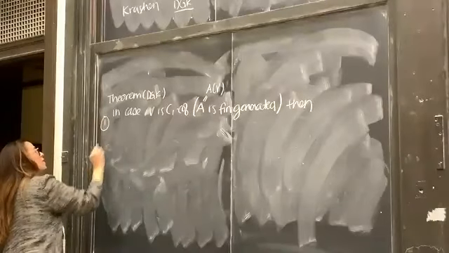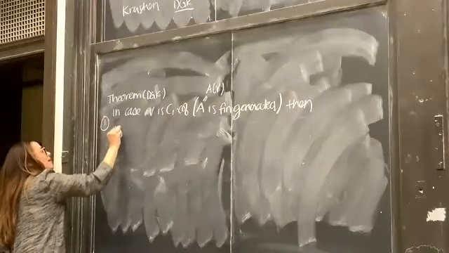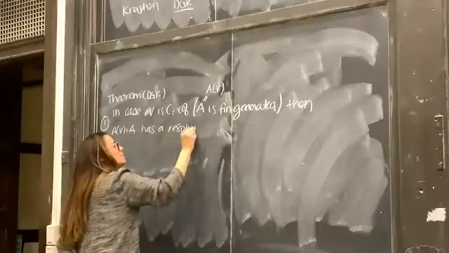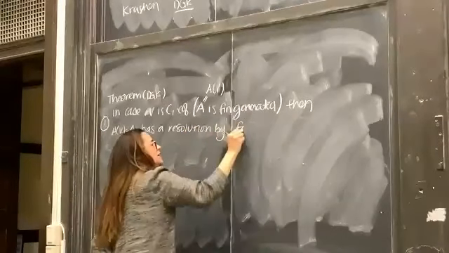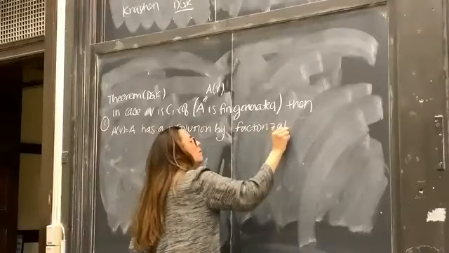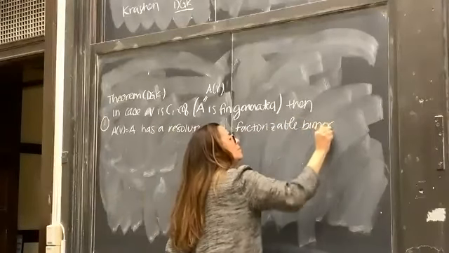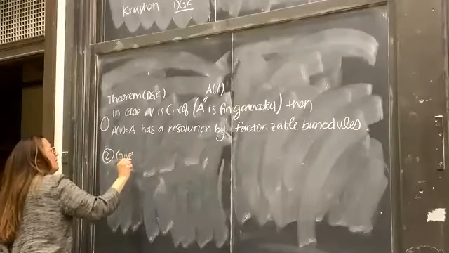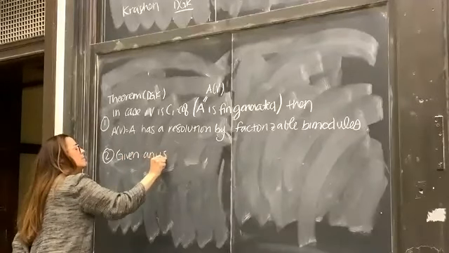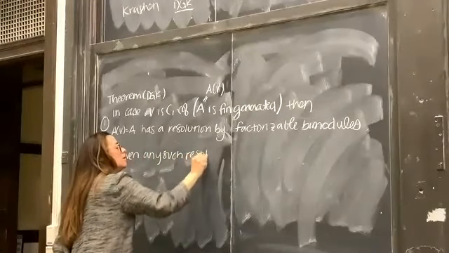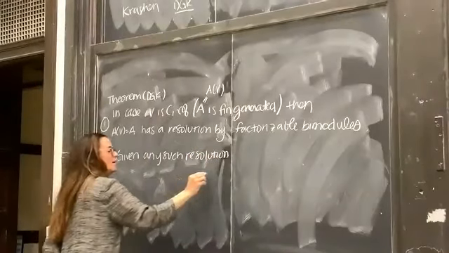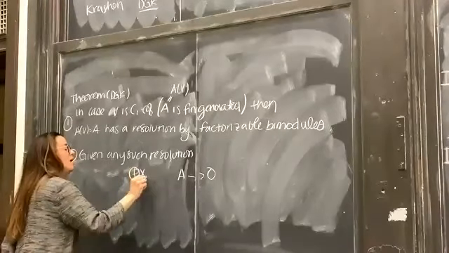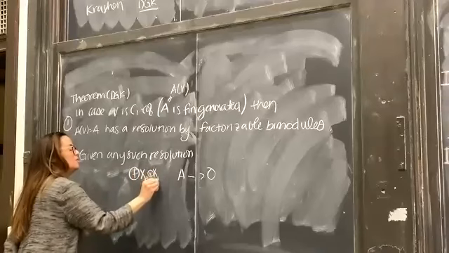So the first thing we show is that A of B has a resolution by factorizable bimodules, and given any such resolution, this would look like you have a sum of left modules and right modules.